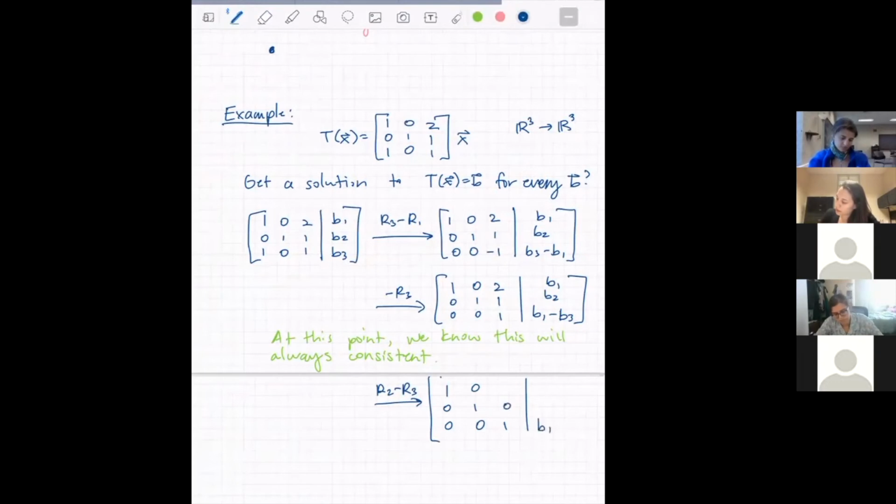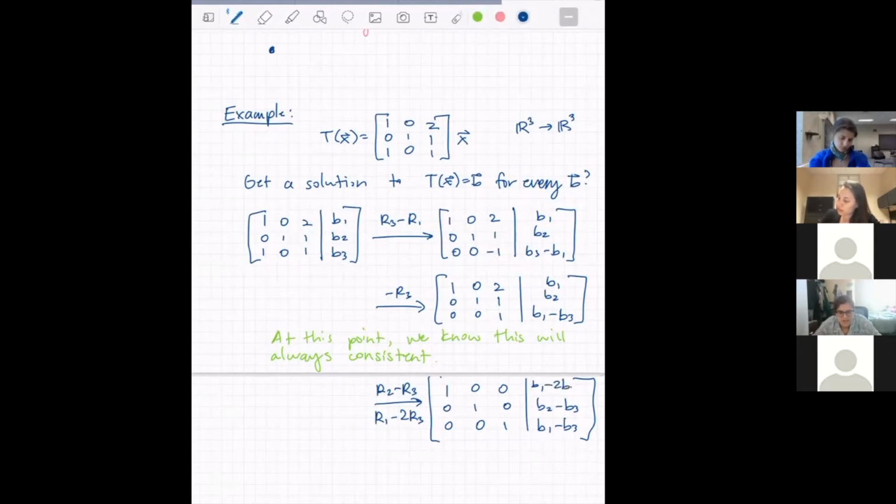And we would get b2 minus b3. And then I'm going to do one more step in the same thing. So row 1 minus 2 times row 3 will eliminate this 2, and we'll get b1 minus b1 plus b3. Oh, oops, times 2.